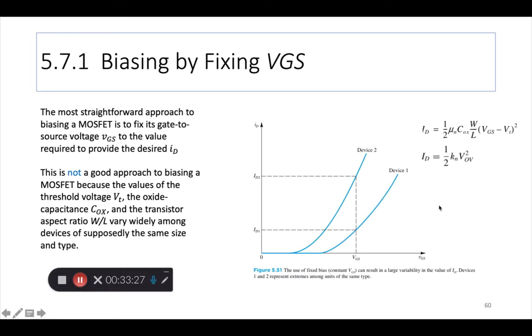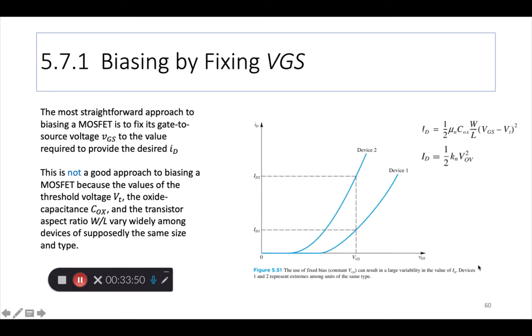Hence, some simple biasing circuits that we have seen in the past will not work for mass producing these amplifiers and creating electronic products. So you have to modify your biasing circuits and make them more robust.